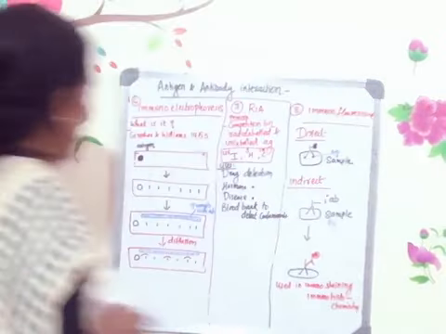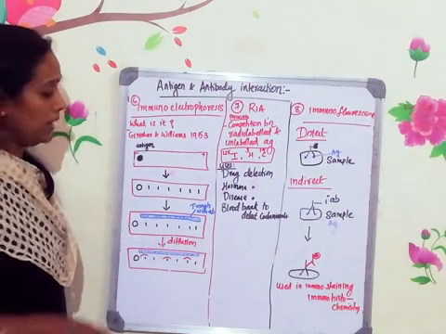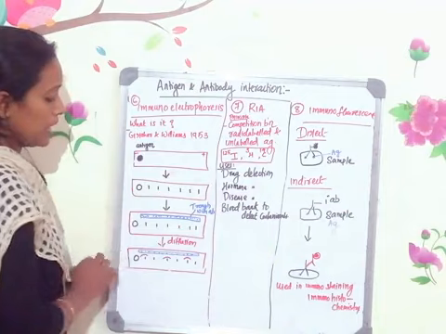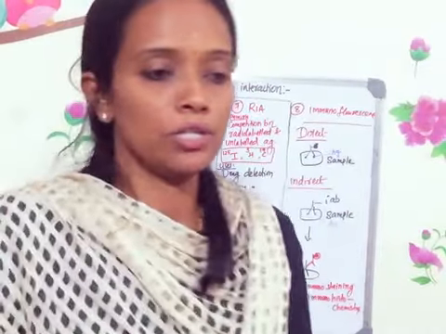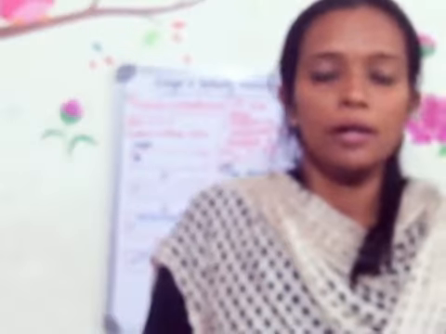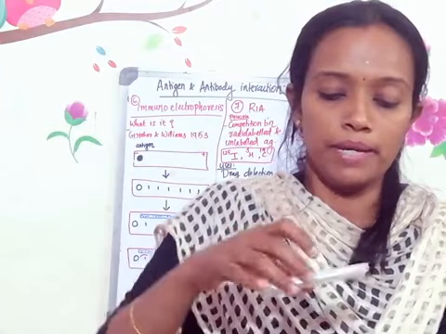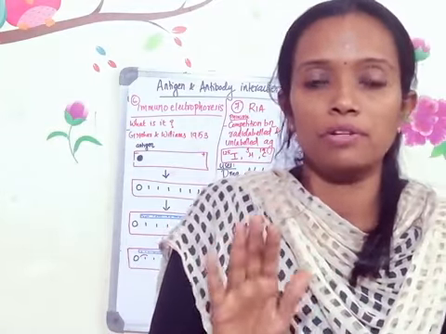Into that trough, you have to load the antibody. After loading the antibody, you need to keep this plate in a humid chamber. You remember what a humid chamber is? You need to take a petri dish, keep some wet cotton in it, and keep this plate in the petri dish, keep it covered, and leave it for 24 hours.